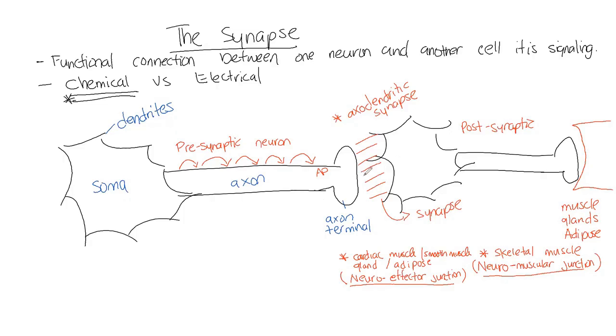And so that's what we're going to be speaking about today, how we convert that electrical energy from the action potential to chemical energy, and we release something called a neurotransmitter, which is what carries on the signal across that synaptic junction.